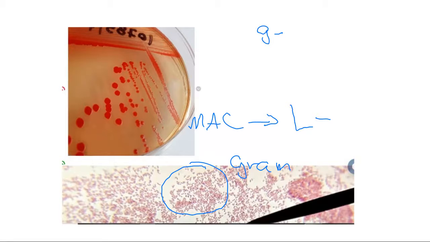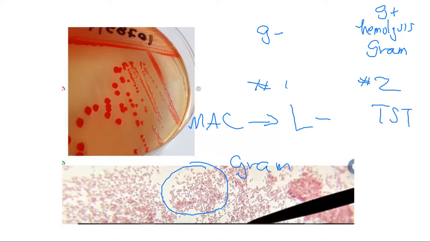And I did something like this for my gram positive, except that for my gram positive, I read the hemolysis and I read my gram. The following week, let's just say week 1, I read my TSI.